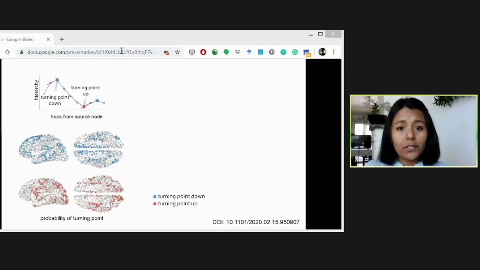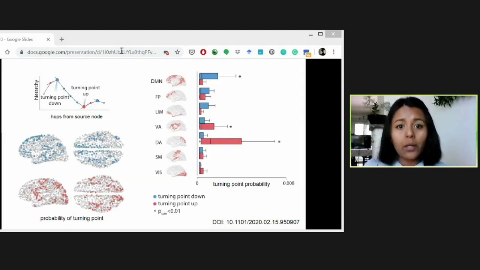We measure the probability of a node to act as a turning point and found that regions like the superior and the dorsolateral prefrontal, the intertemporal and the lateral temporal cortex have the greatest probability of turning down the paths, while areas like the supplementary motor area and the posterior parietal cortex have the higher probability of turning up the paths. This behavior becomes clearer when we group the nodes by resting state networks.